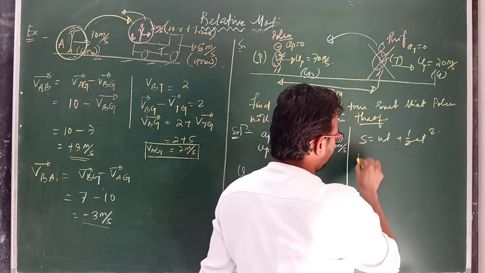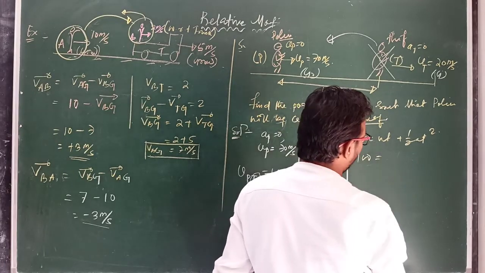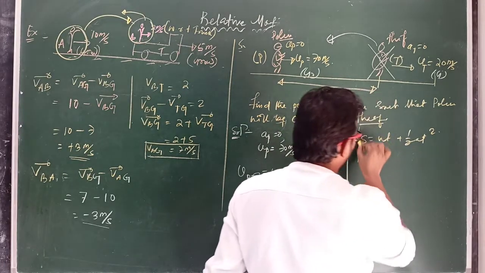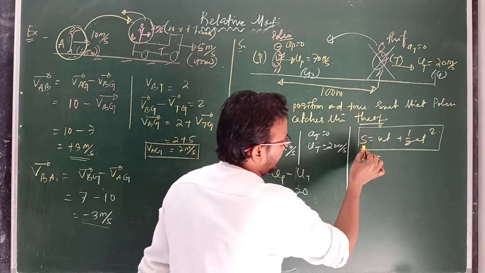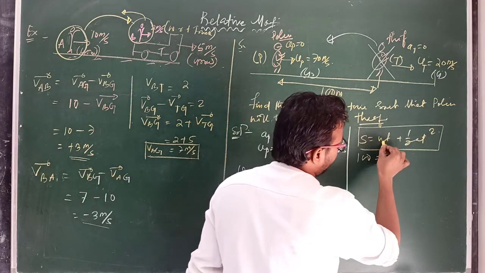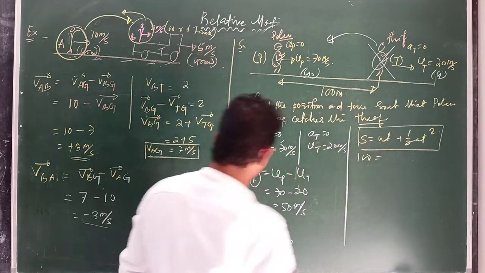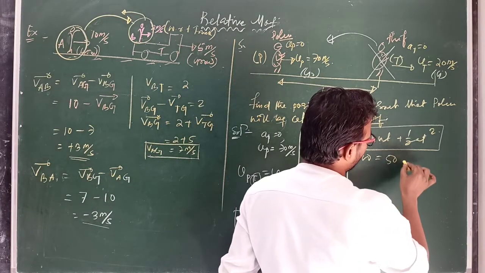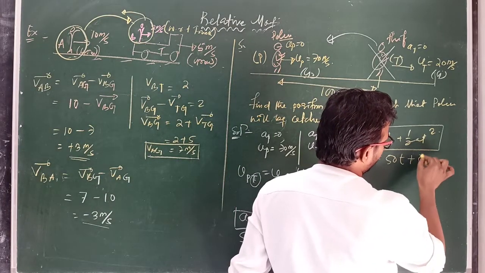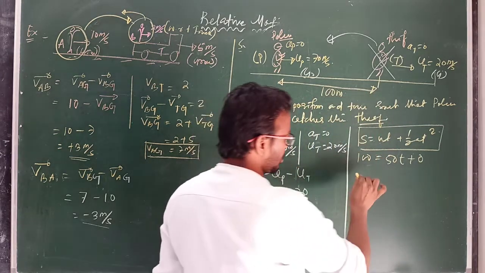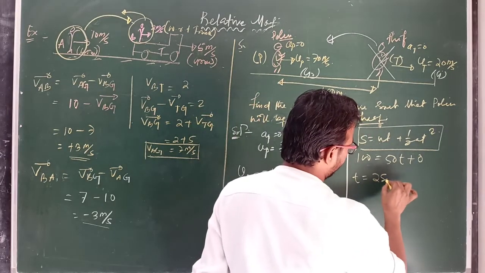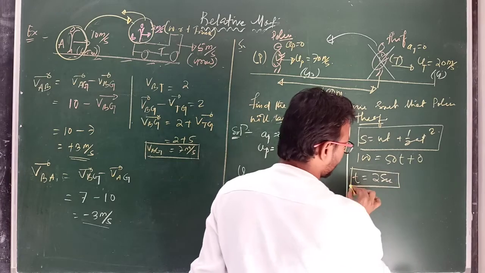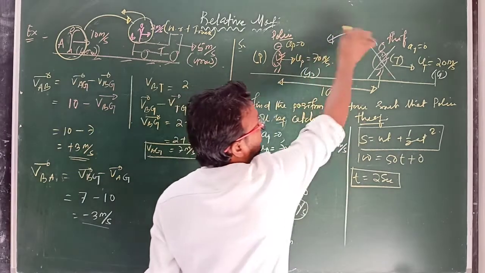So here 100 equals ut, which means we always have to use relative displacement, relative speed, relative acceleration. So ut is 50 meter per second. So 50 into time t plus 0, because acceleration is 0 here. So time t equals 2 seconds. So after 2 seconds police will catch the thief.